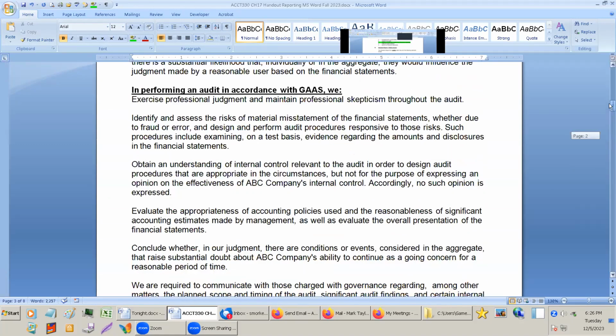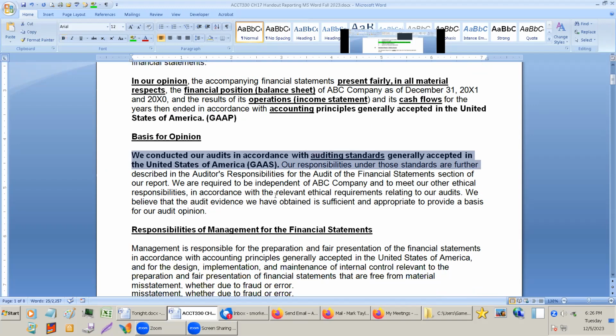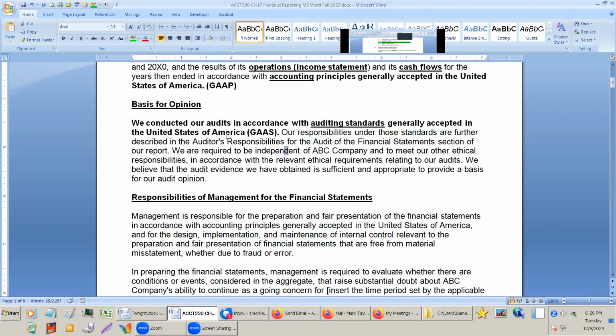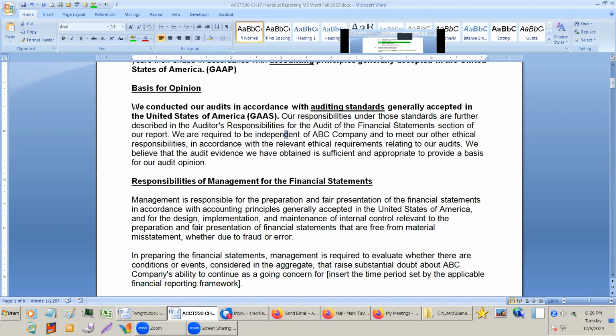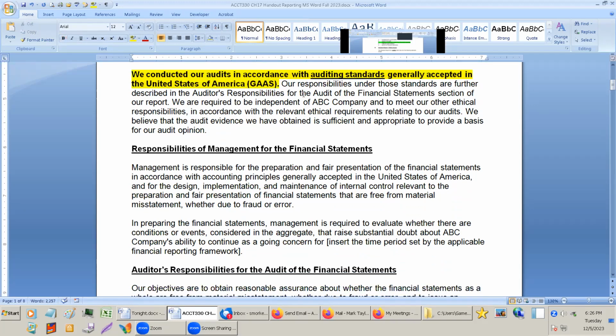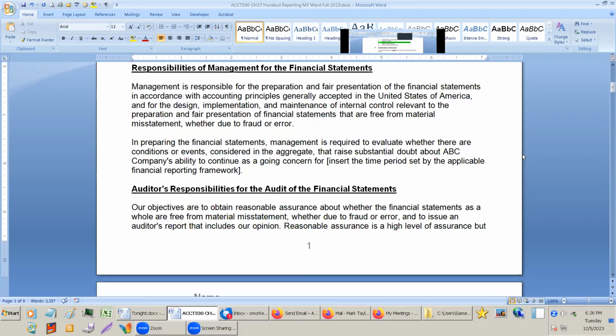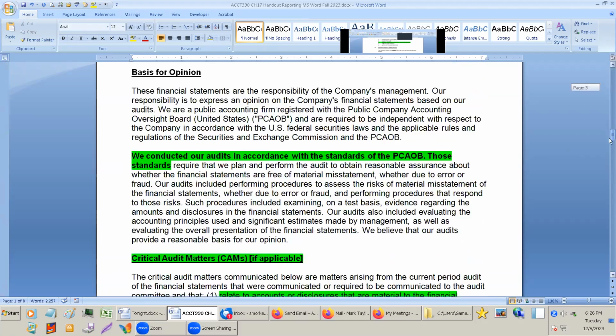If you go back up here, we conducted our audit with the, so these are the AICPA standards. Okay.